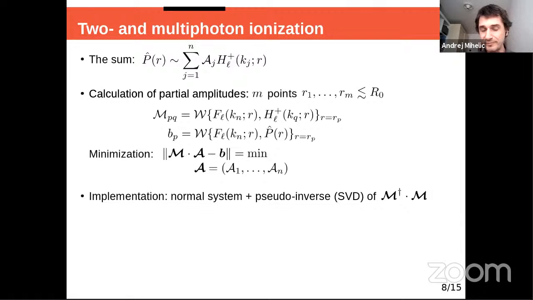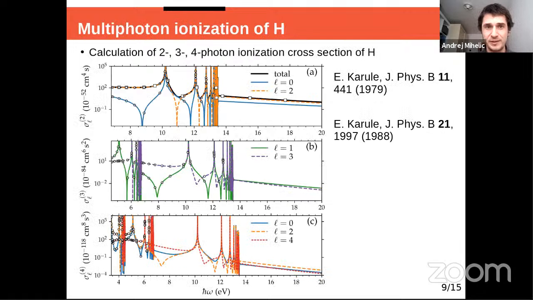So here I show you the multi-photon ionization cross sections. In fact, 2, 3, and 4 photon ionization cross sections for the hydrogen atom. These cross sections have been compared to the known results, actually to the analytic values calculated by Karole.